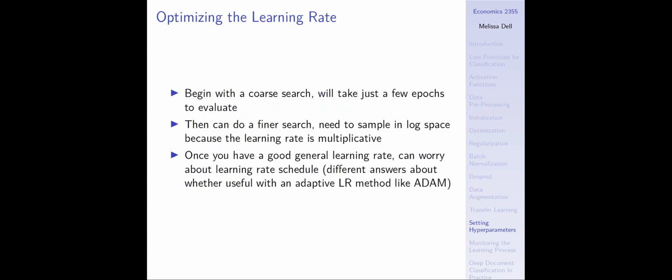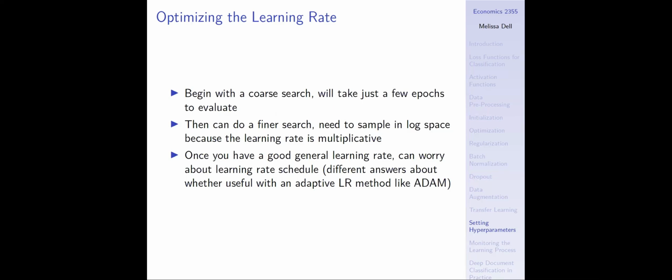Okay, and so let's talk about optimizing the learning rate specifically, since that's the most important thing. You want to begin with a very coarse search, and you don't need to run the whole model through to convergence. If you do just a few epochs, which means seeing all your training examples once is an epoch, you're already going to see learning rates where bad things are happening.